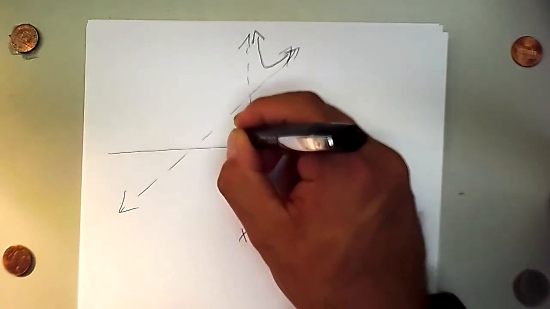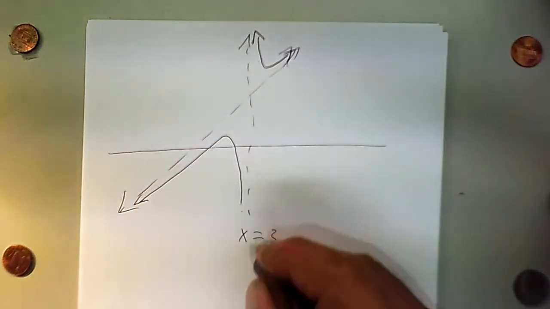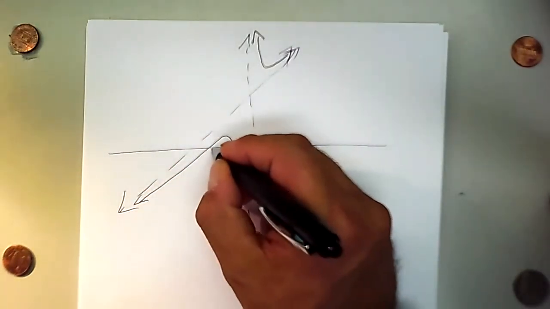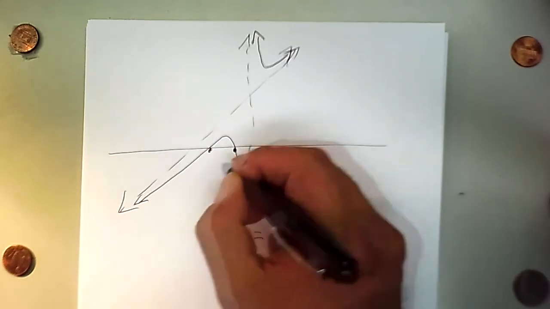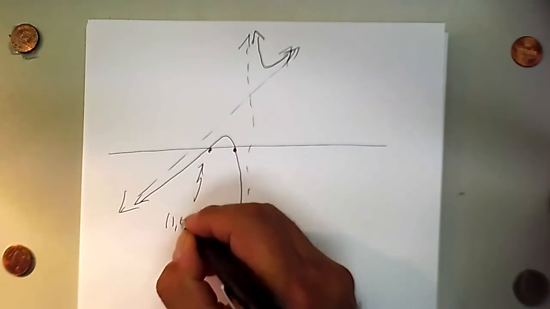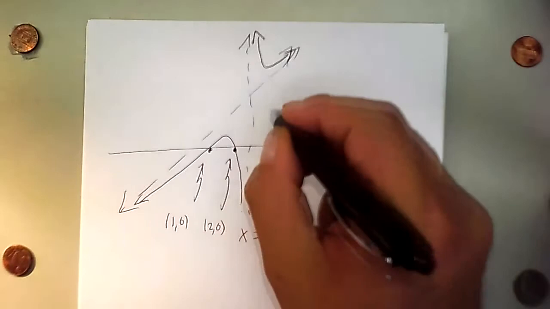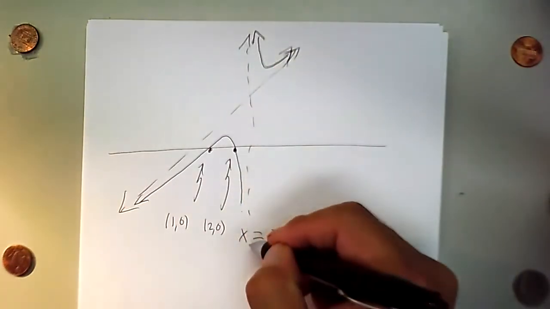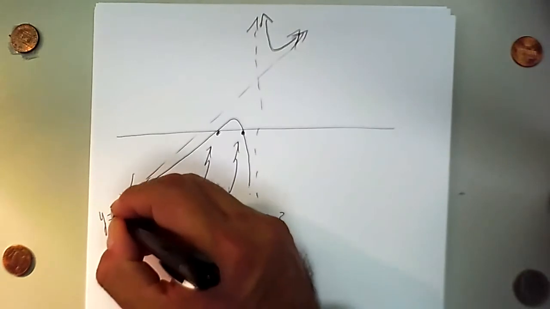But then we got to go through the 1, and then we got to follow the other asymptote. Yeah, this is not super easy. So this guy is 1, 0. This one is 2, 0. Vertical asymptote, oblique asymptote, y equals x.